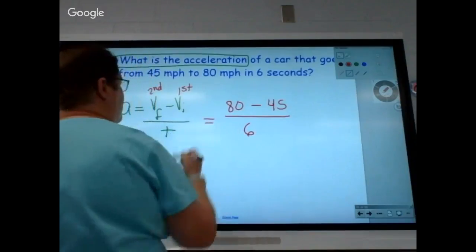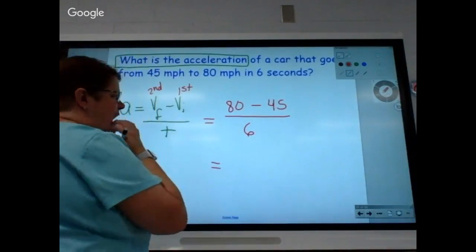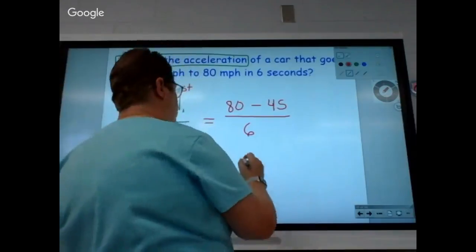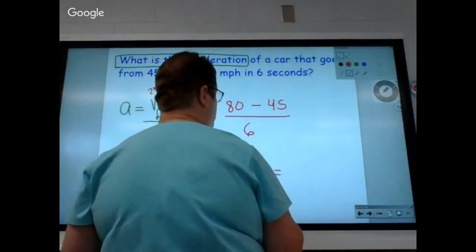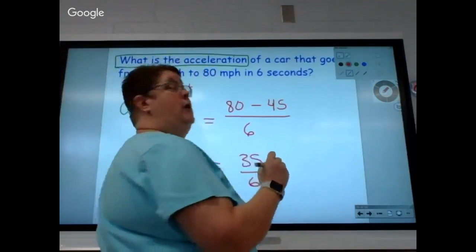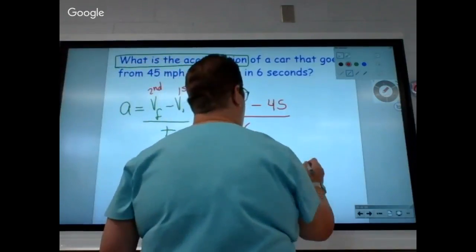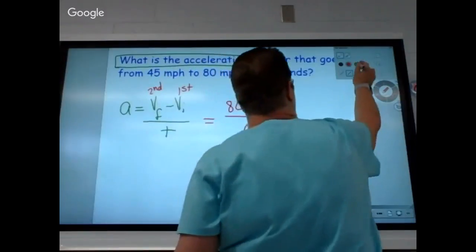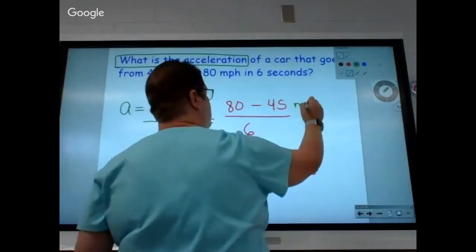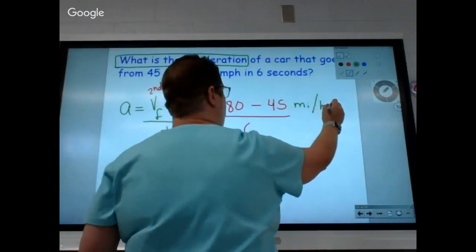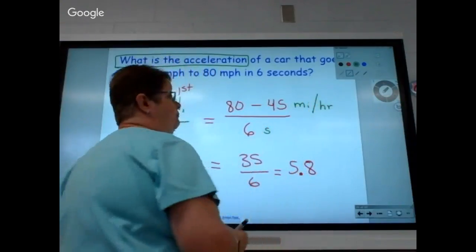Now, when we calculate this, 35 over 6, we get what? 5.8. Now, our units in this one are a little weird because this is miles per hour, and that's seconds.